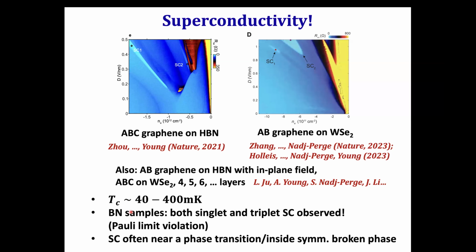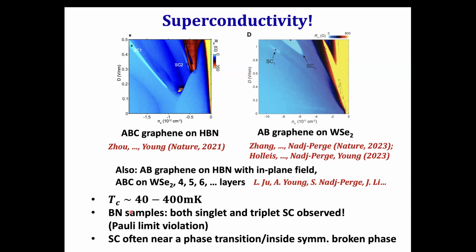And then you can ask, well, what happens if I apply an in-plane magnetic field? That's mostly the Zeeman effect. And the question is, is superconductivity killed by the Zeeman field? And the answer is sometimes it is and sometimes it isn't.